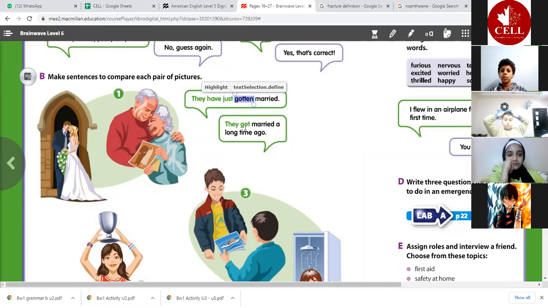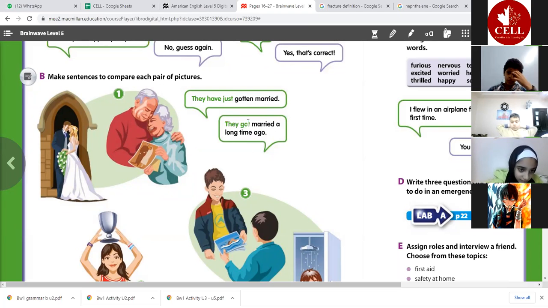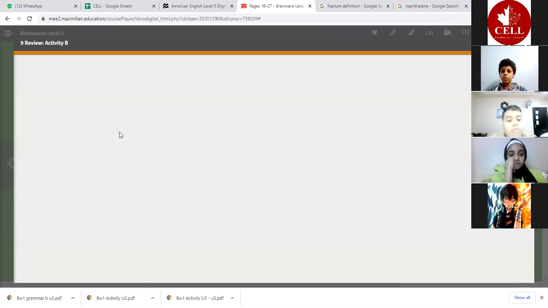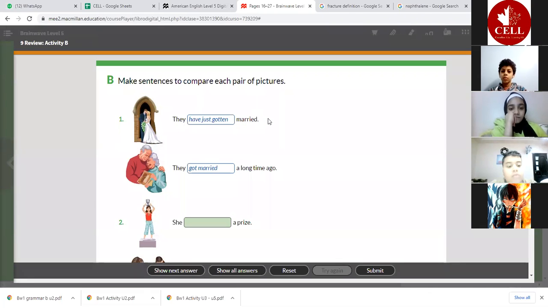If you want to use long time ago, or ago, which is the far past, we can use the past form of the verb. They have just gotten married. They got married a long time ago.